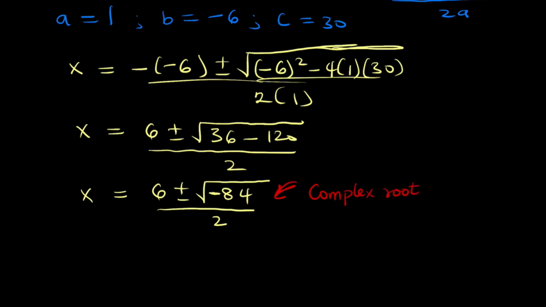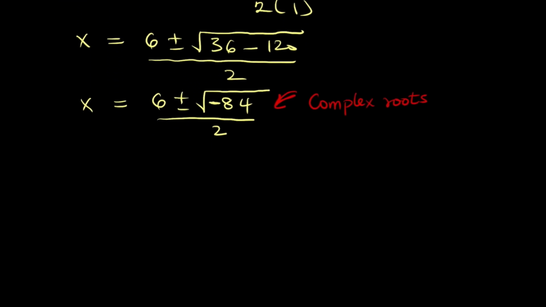So we have two complex roots, which we can actually break down into x is equal to 6 plus or minus, this is 4 times 21.